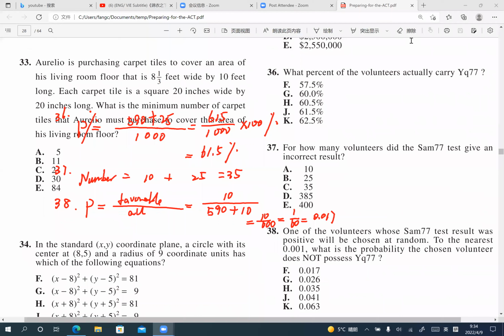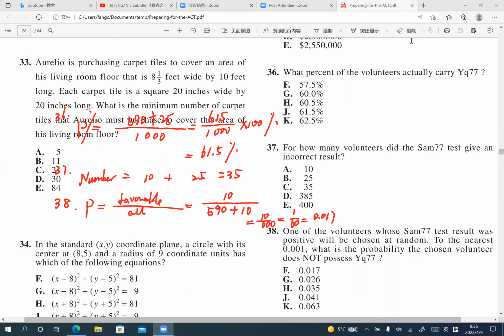Question 38. One of the volunteers whose SAM-77 test result was positive will be chosen at random. To the nearest 0.001, what is the probability the chosen volunteer does not possess YQ 77? The probability equals the number of favorable outcomes divided by the number of all possible outcomes.